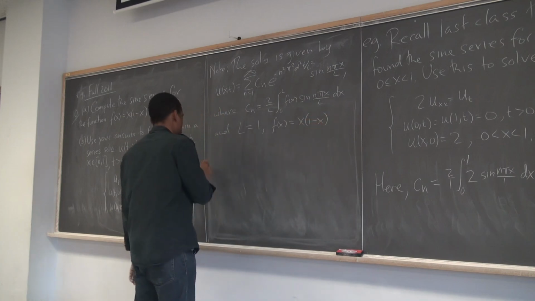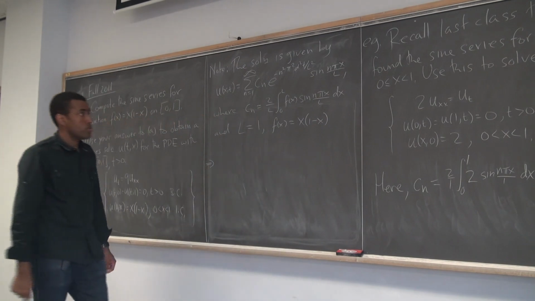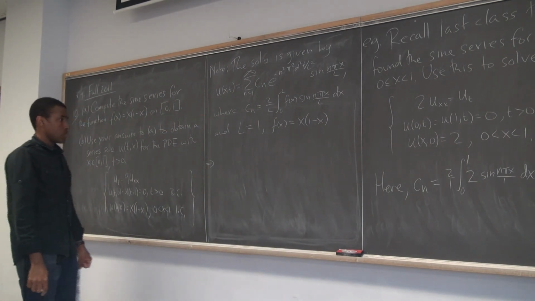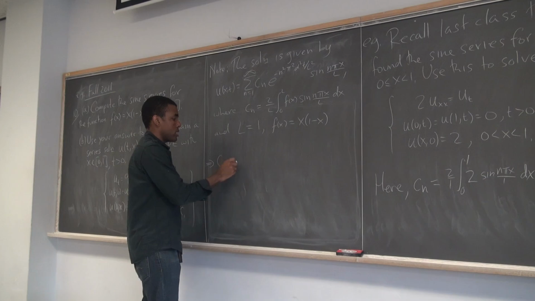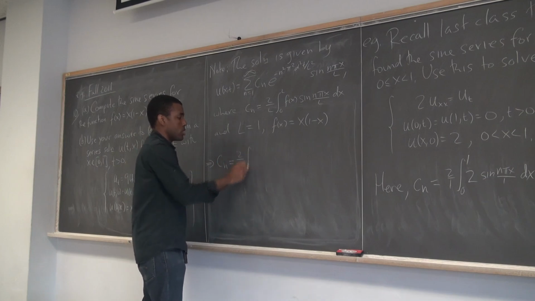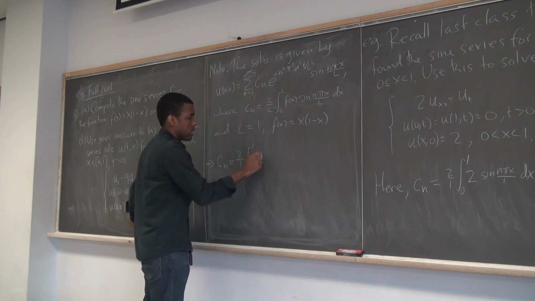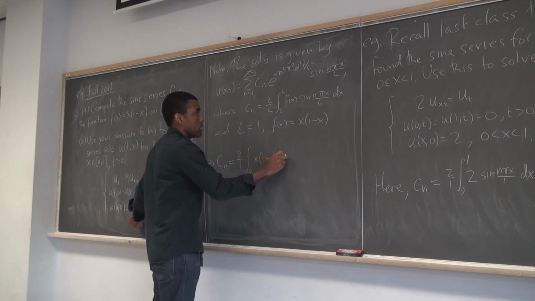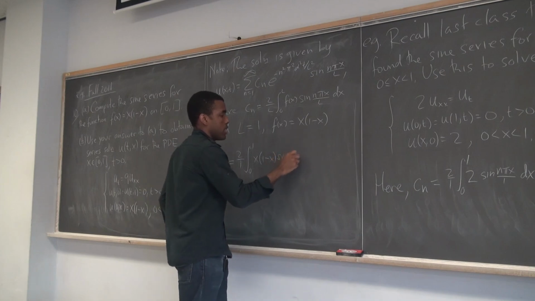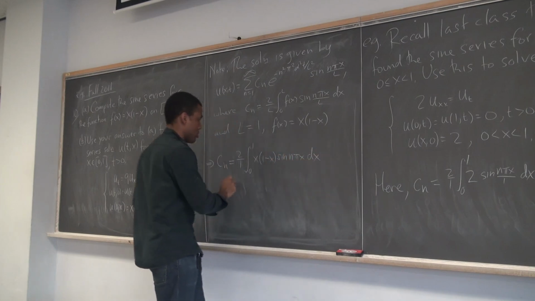And this means, now we're going to find the Cn, right? It's going to be 2 over 1 times the integral from 0 to 1 of this function, x times 1 minus x, sine n pi x dx.